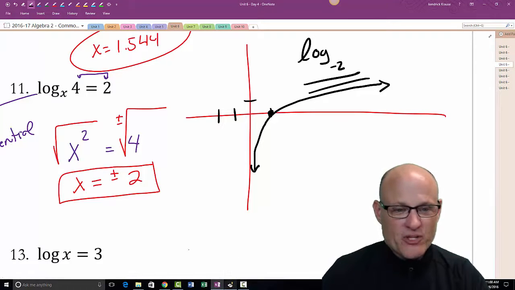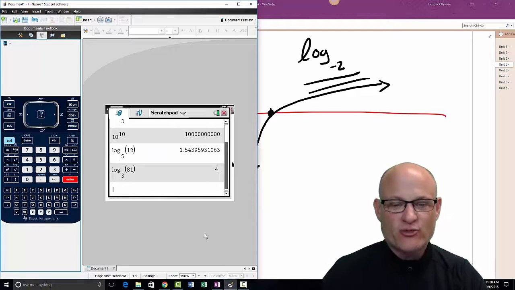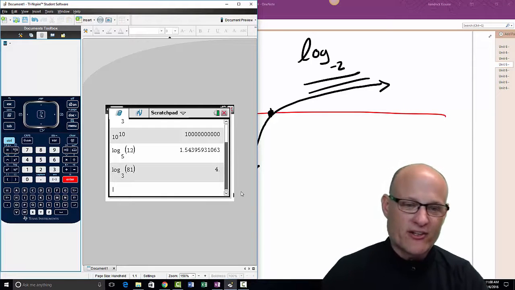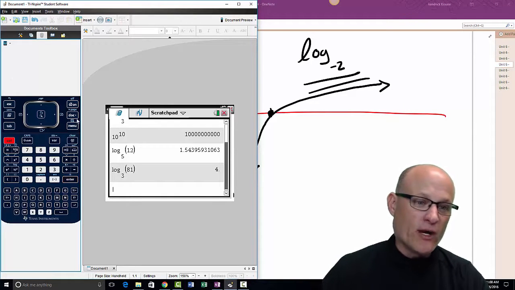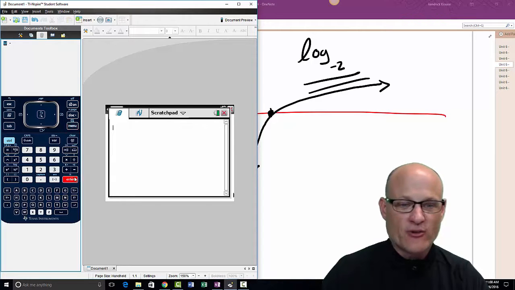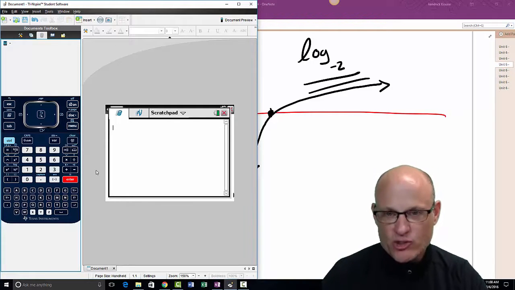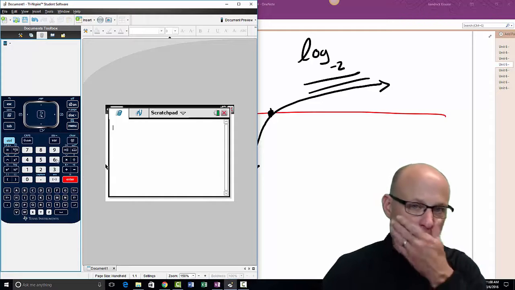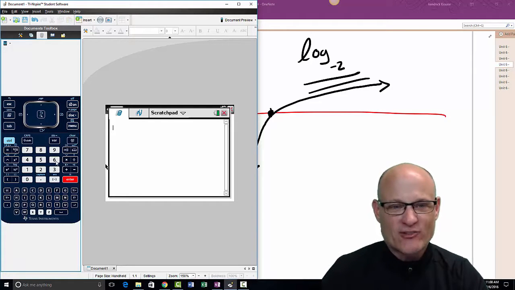All right, kids, you're right. You can't have a negative 2. And as a matter of fact, you should always check exponential or logarithmic functions, and I haven't done this yet, shame on me. Always check logarithmic functions because sometimes you get what's called extraneous solutions. So let's take a look at this. Log base 2 of 4.